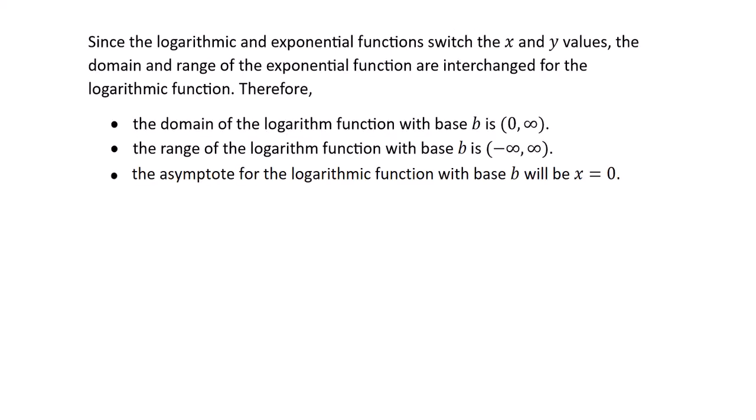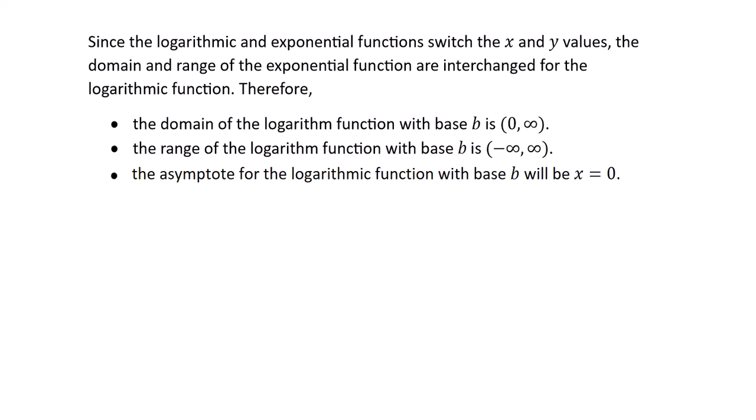Since the logarithmic and exponential functions switch the x and y values, the domain and range of the exponential function are interchanged for the logarithmic function. Therefore, the domain of the logarithm function with base b is 0 to positive infinity. The range of the logarithm function with base b is negative infinity to positive infinity.